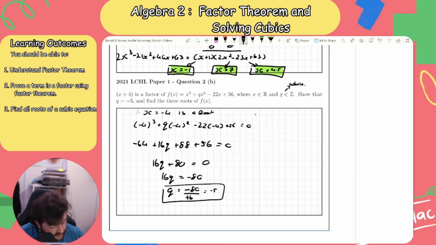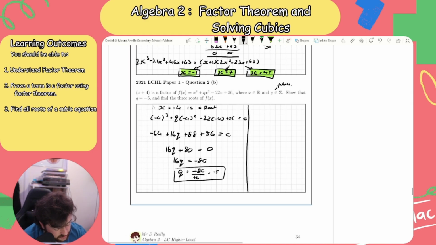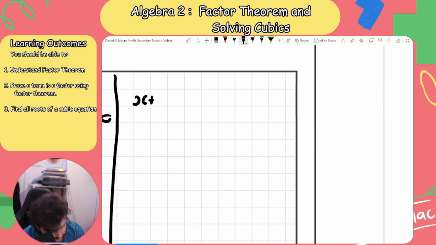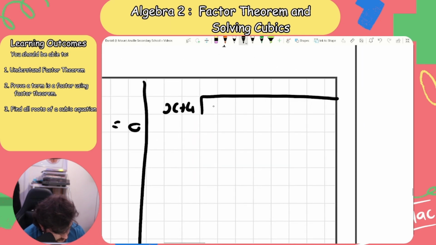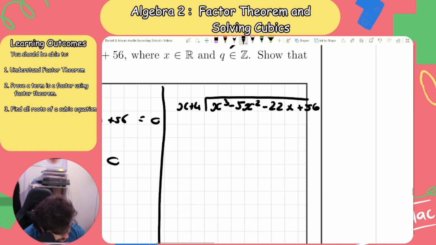But now it's asking us here, find the three roots of the equation of f of x. It's asking us to find the three roots. So x plus 4 is a factor, so I'm going to divide it into this polynomial here. So x plus 4 divided into x cubed minus 5x squared minus 22x plus 56.